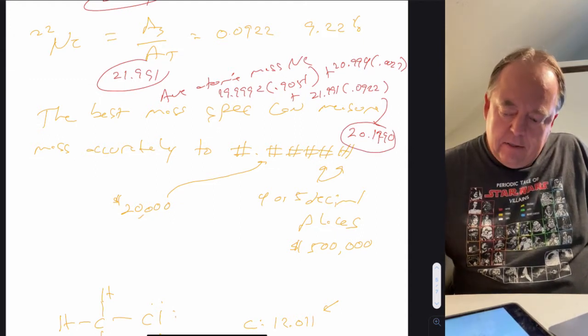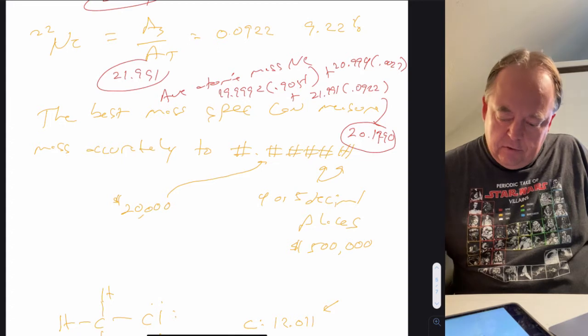But there is no neon that has a mass of 20.1790.